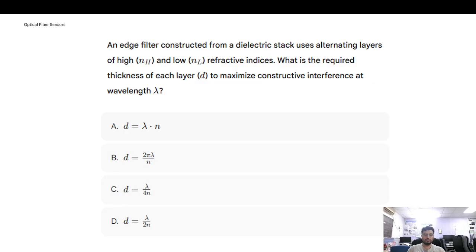Let me know your answer. Constructive and destructive interference. So constructive, how can we achieve? Lambda by 4, option C. Option C, yes.